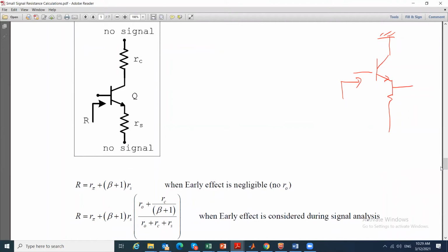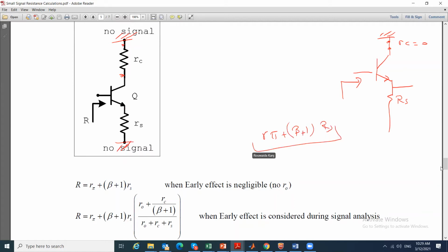Let us assume that RO tends to infinity, just to make it simple. Independent of what RC I have here, and I have RS and this is the ground, the effective resistance is equal to R pi plus beta plus 1 into RS.